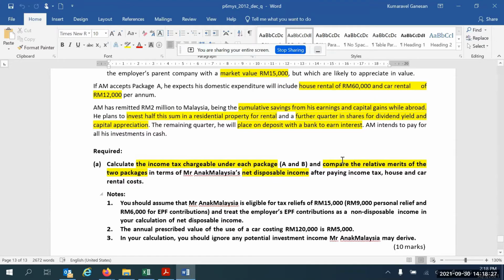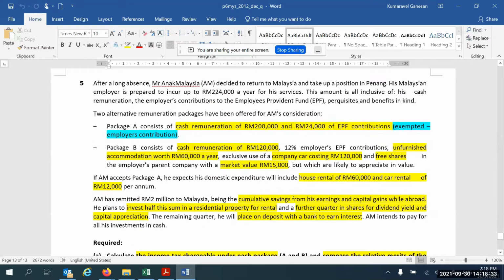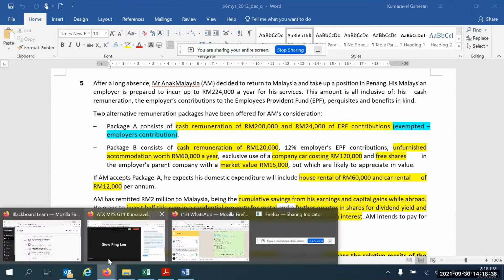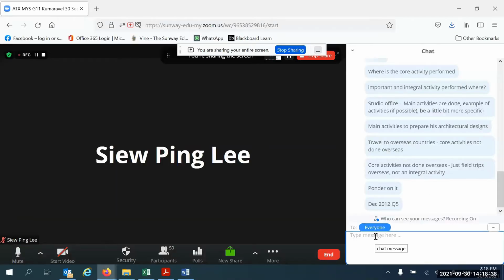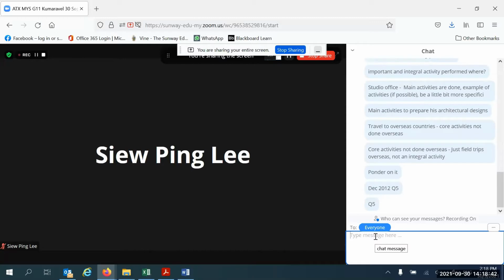Okay, now for this question 5, you practically need to know how to do a basic computation. The latest it turned up was June 2021, question 2. So chances are low because it doesn't come out always.